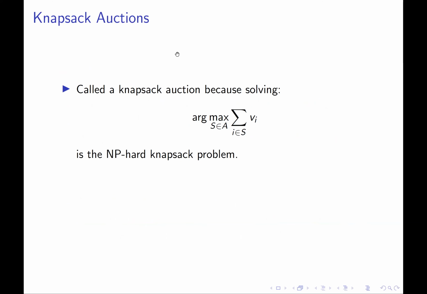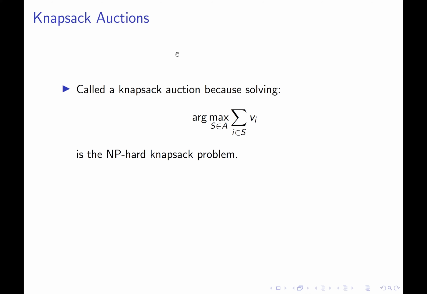The reason this is called a knapsack auction is because the social welfare maximization problem, which is the problem of finding the feasible alternative that maximizes the sum of the values of the winners, is the knapsack problem that you might have come across in an algorithms class or a computability class.